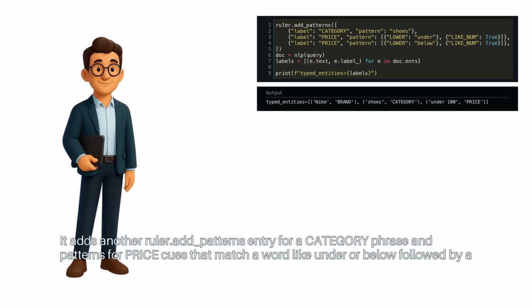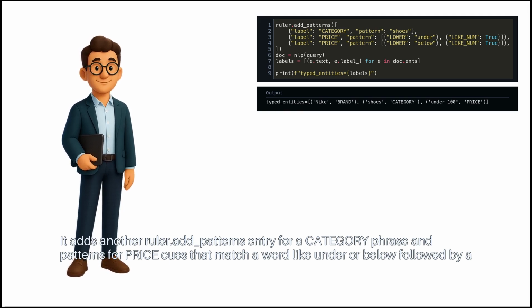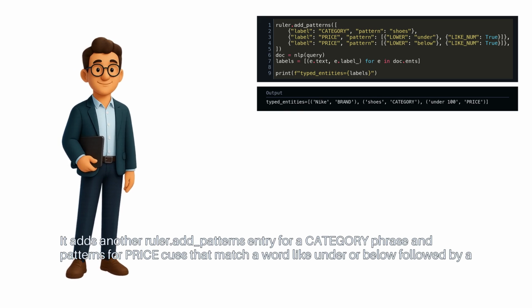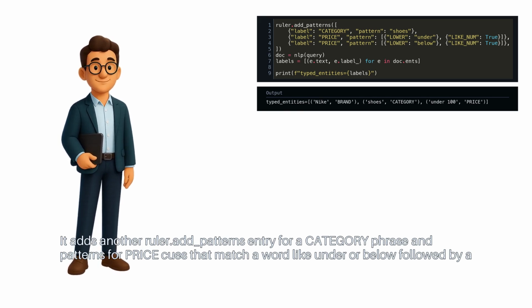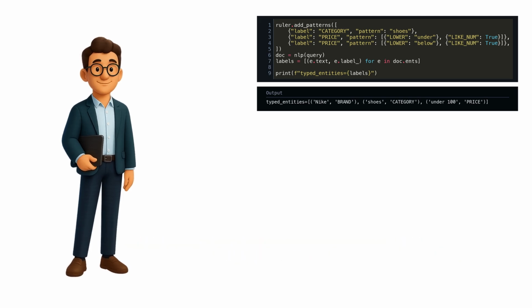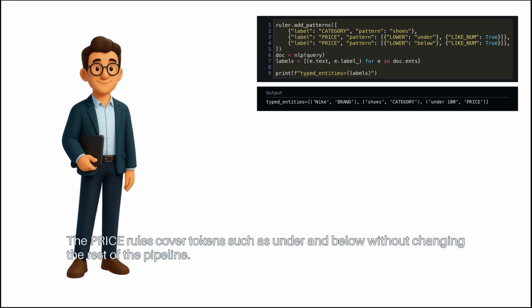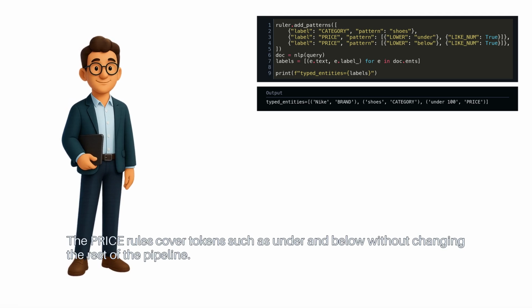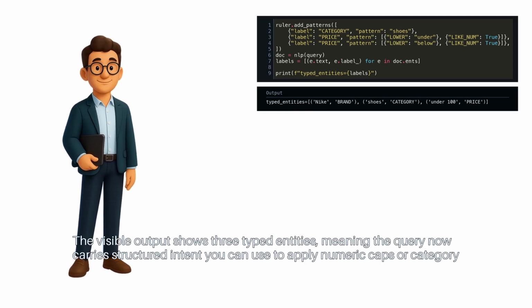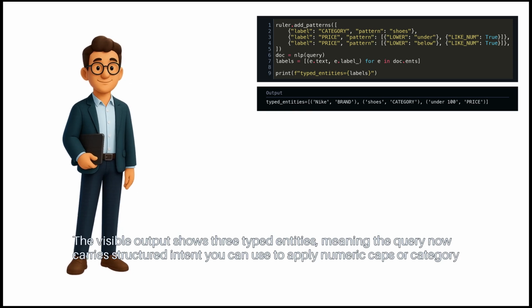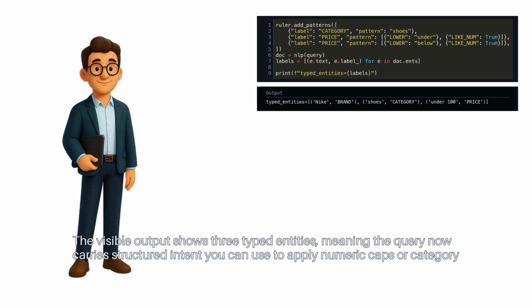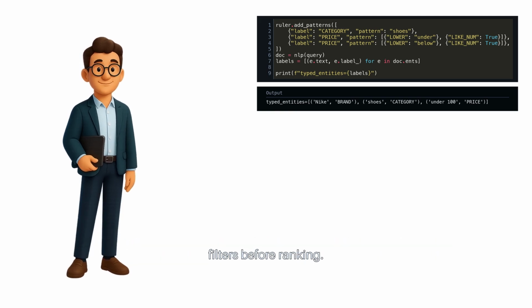It adds another ruler.add_patterns entry for a category phrase, and patterns for price cues that match a word like under or below, followed by a numeric token. The price rules cover tokens such as under and below, without changing the rest of the pipeline. The visible output shows three typed entities, meaning the query now carries structured intent. You can use these to apply numeric caps or category filters before ranking.